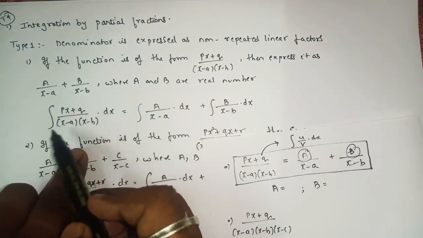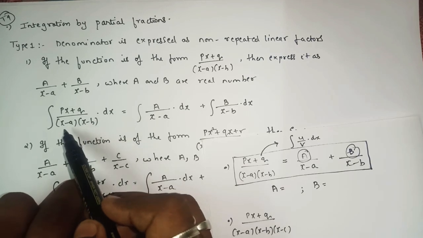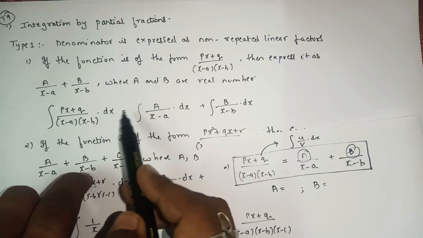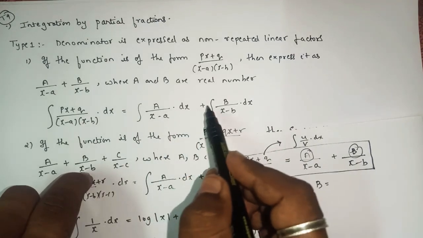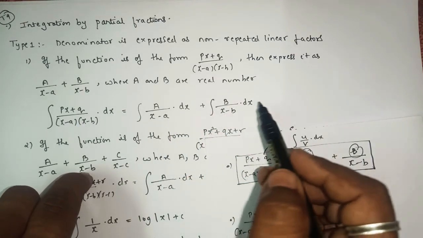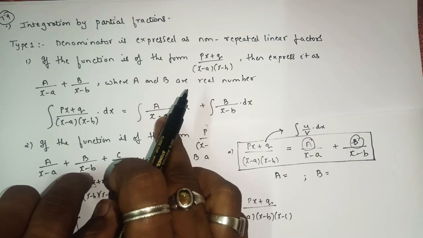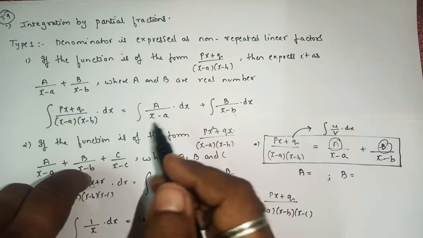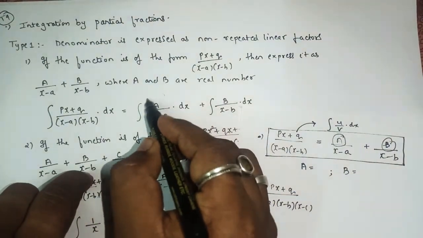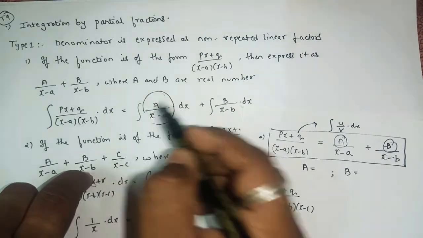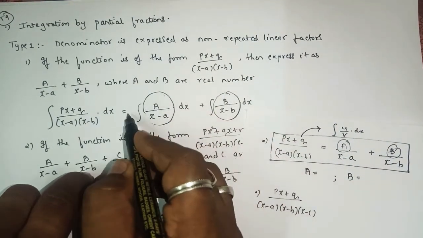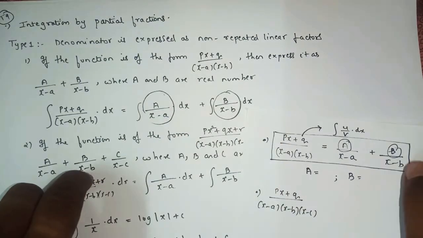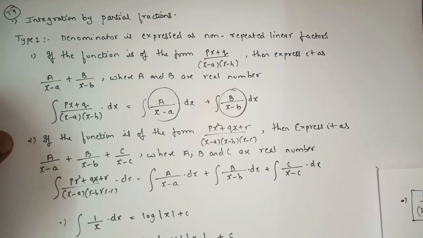So you get integration of px plus q upon x minus a, x minus b equal to integration of A upon x minus a dx plus integration of B upon x minus b dx. Then, as A and B are constants, they will come outside the integral.